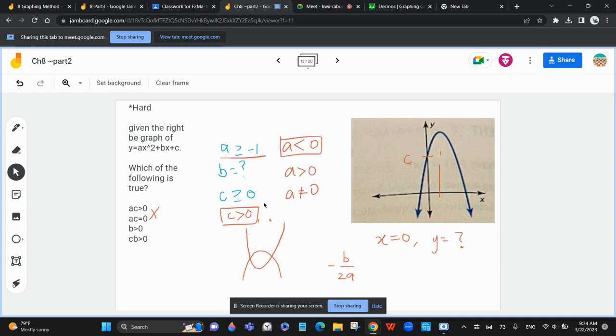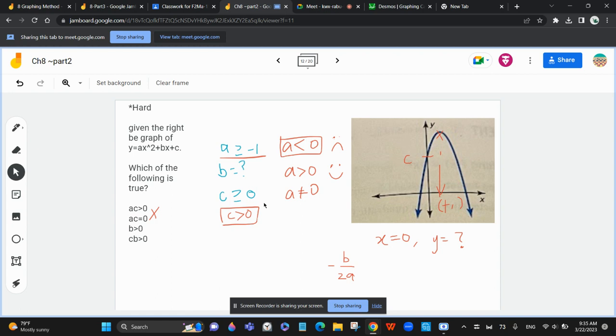Because it's on the right of the y-axis.